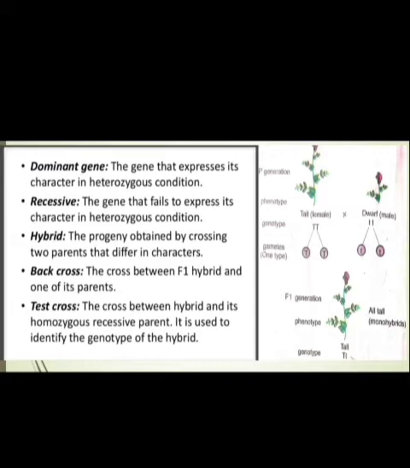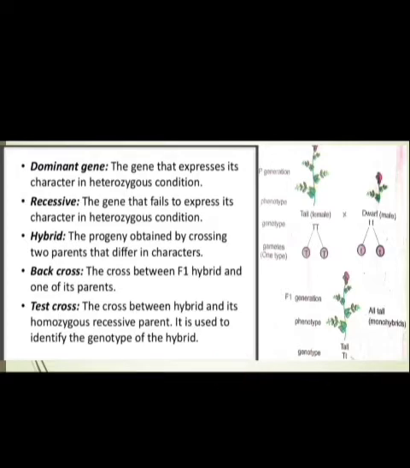Hybrid, the progeny obtained by crossing two parents that differ in characters. Here, this progeny obtained by crossing two parents that differ in characters is called as hybrid. Next term, back cross. The cross between F1 hybrid and one of its parents is called as back cross.